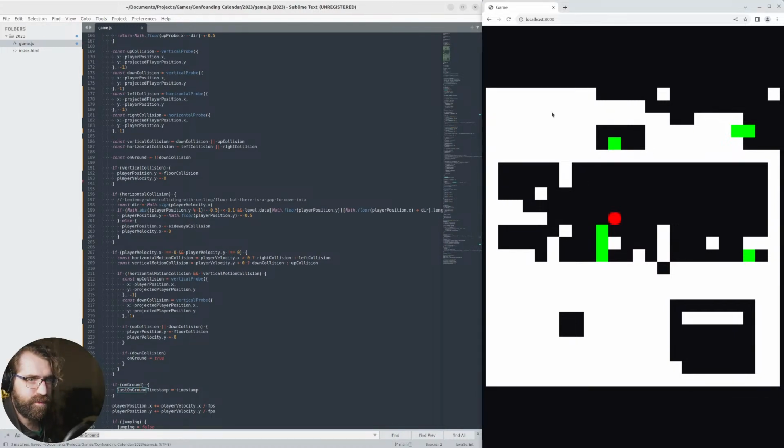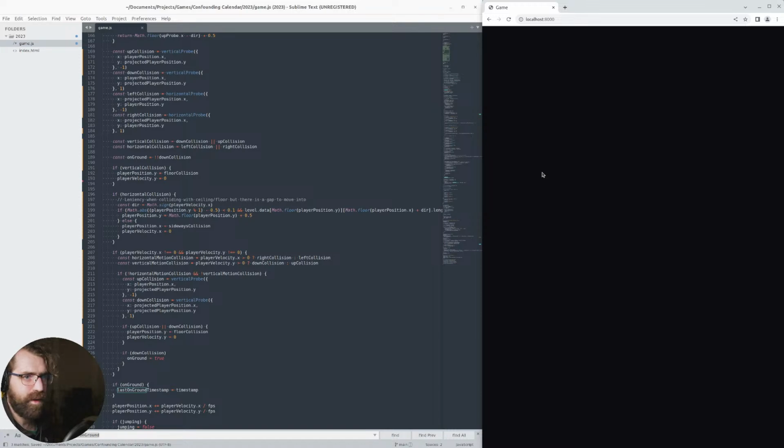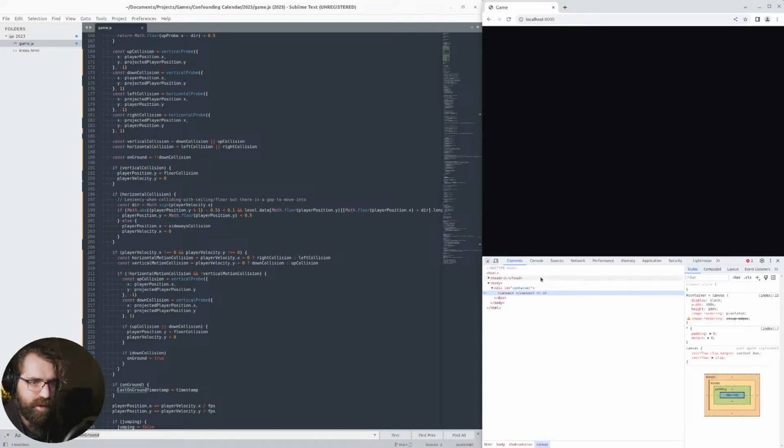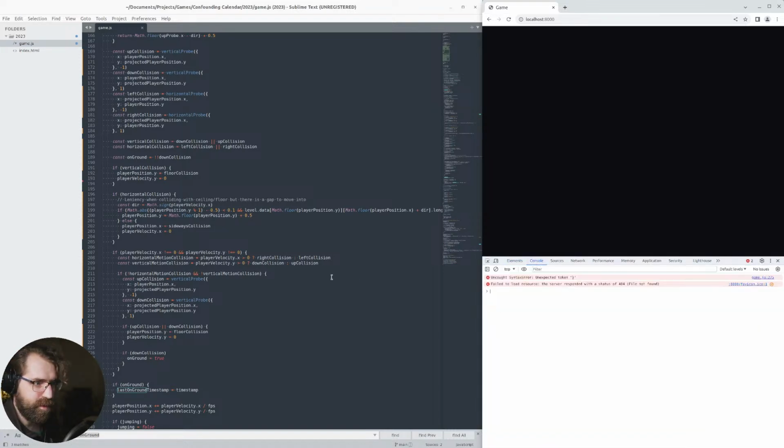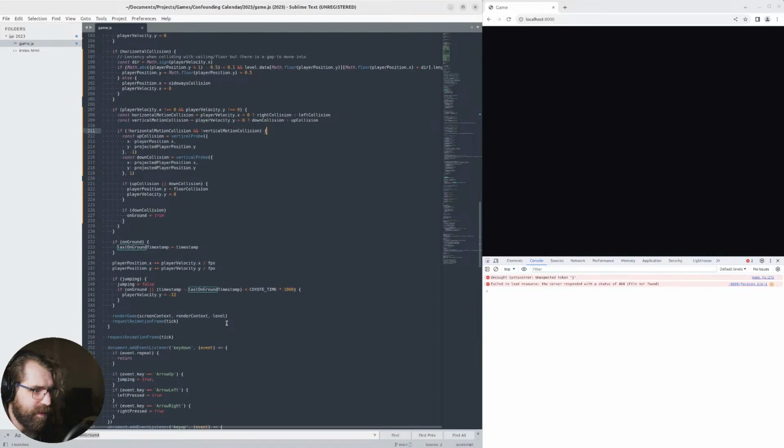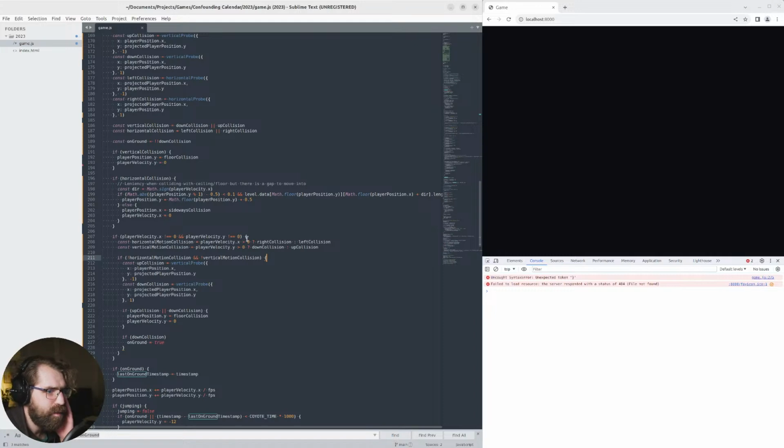Have I fixed stuff or is everything broken? Let's find out. Everything's broken, there's an error in my code somewhere. Unexpected token. I missed a, where? 275, that's the end of the file, isn't it? Where did I miss a thing? Oh, it looks like it's missing somewhere along here.